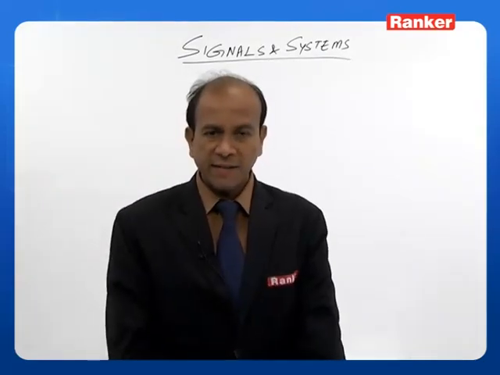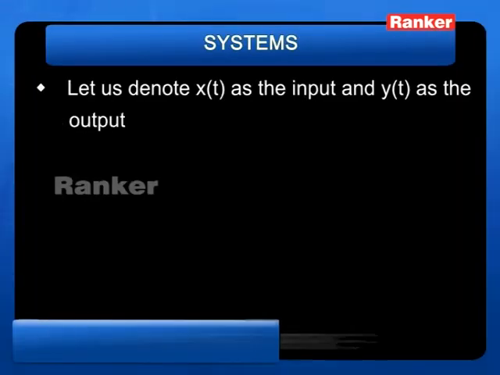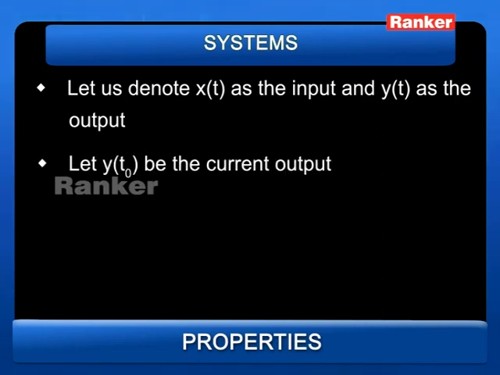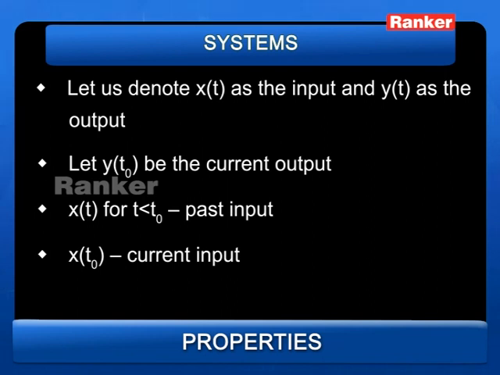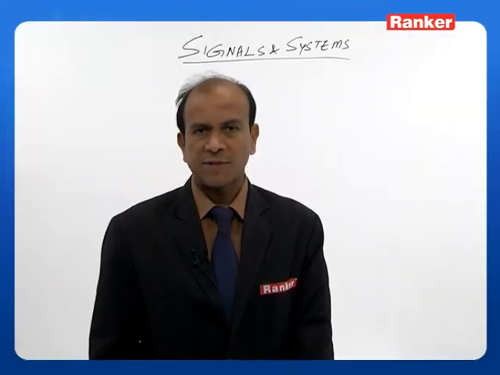In this slide, y of t0 is the current output for a current input of x of t0. x of t for t less than t0 is the past input, for which a corresponding output would have been present. Similarly, x of t0 is the current input, and x of t for t greater than t0 is the future input. Based on these three, we will try to analyze the different systems available.